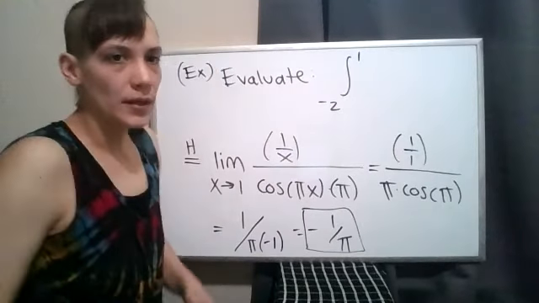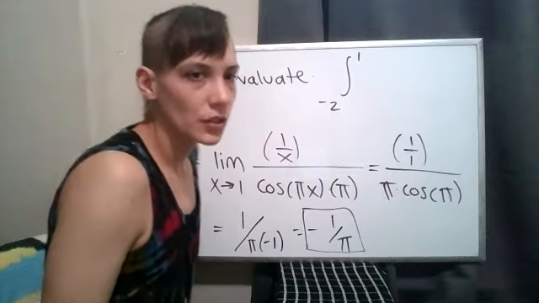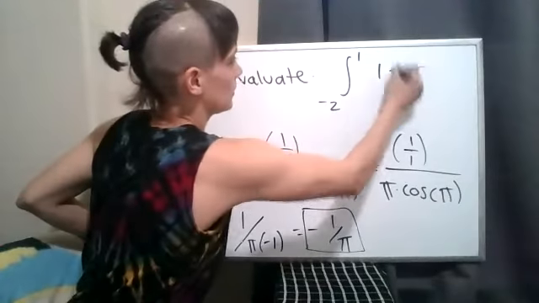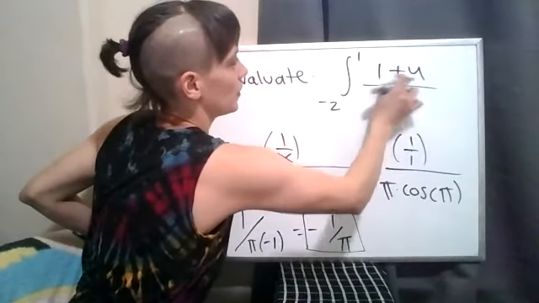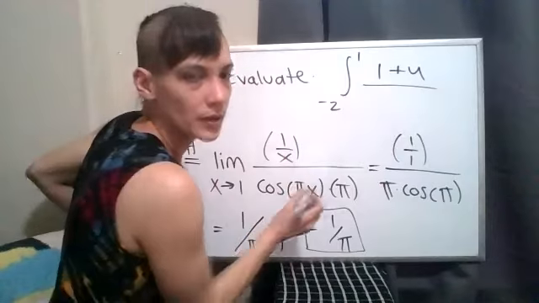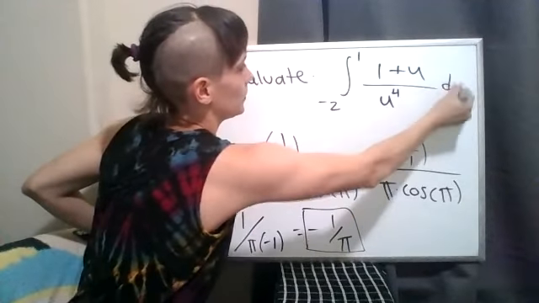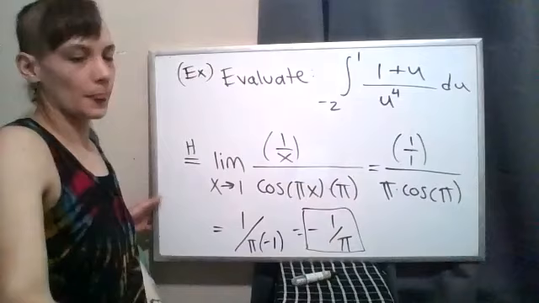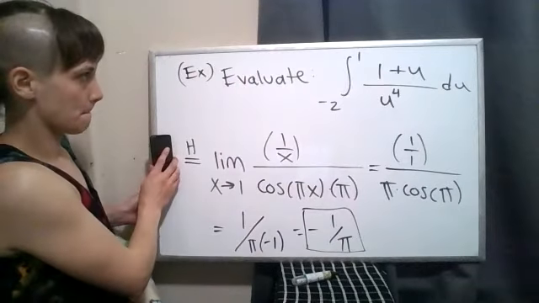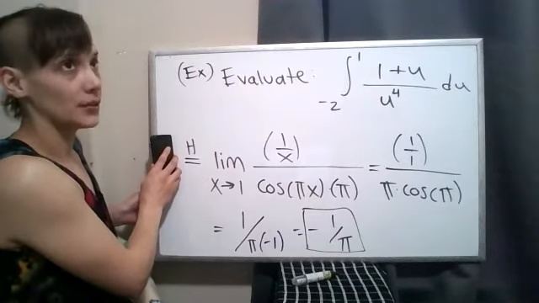Let's do 1 plus u over u to the 4th. So we want to write that as two terms.